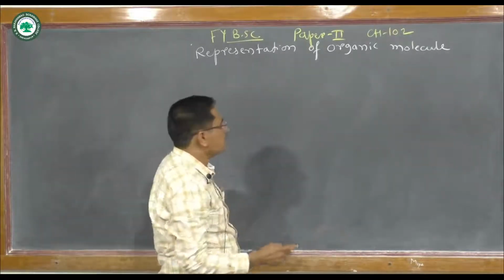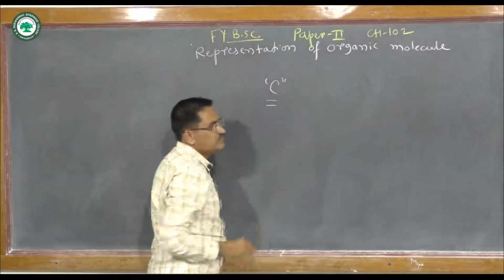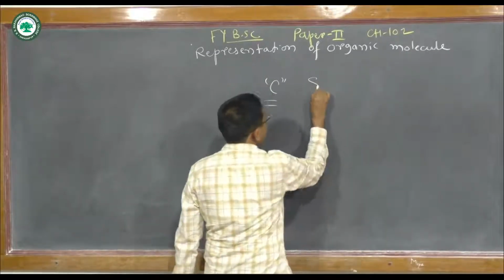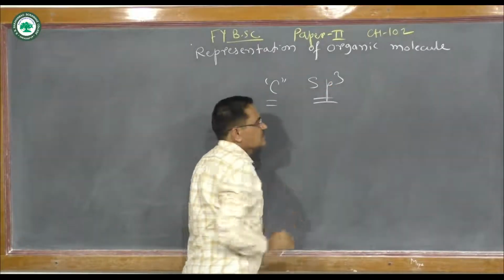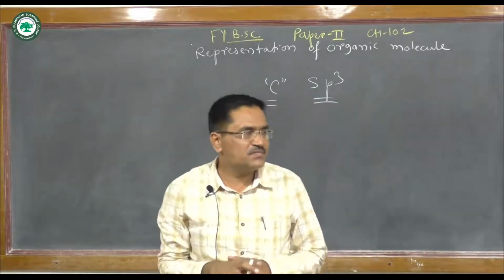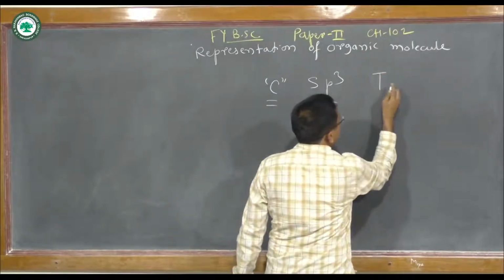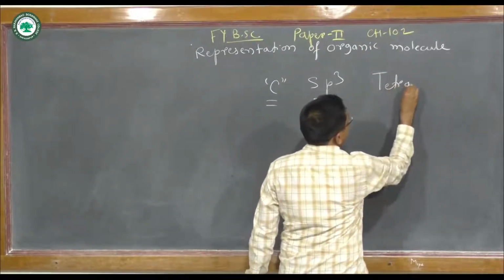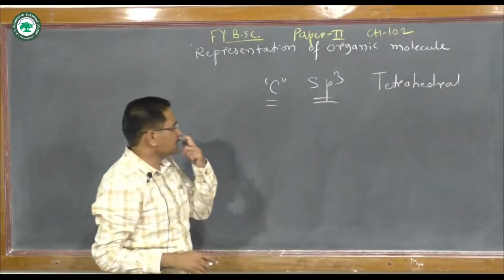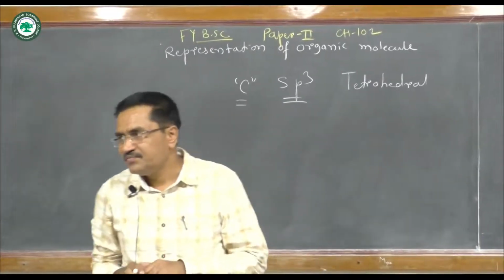Now you know very well that organic compounds contain carbon atoms, and generally they are sp3 hybridized. When the carbon atom is sp3 hybridized, it has tetrahedral geometry.